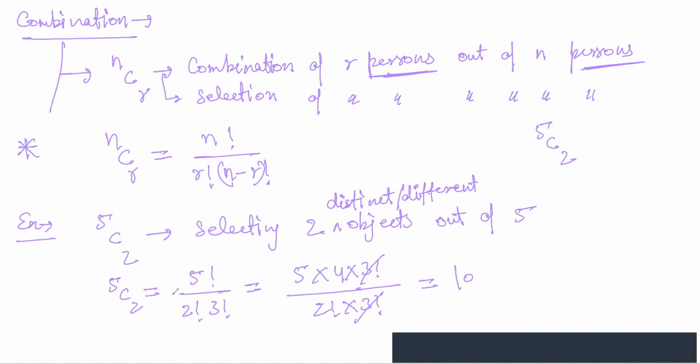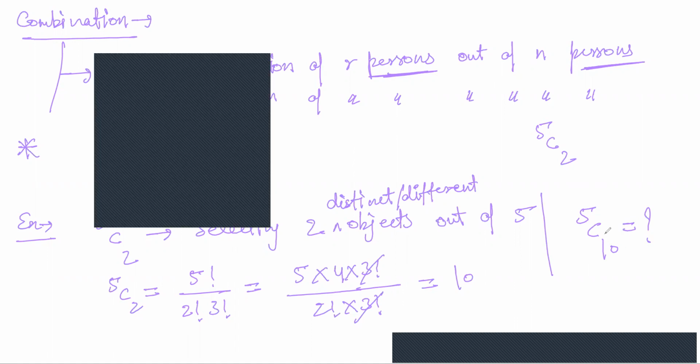So can you select 10 students out of 5 students? Is 5C10 possible? It means that you have 5 students and you have to select 10 students out of 5 students. Is that practically possible?